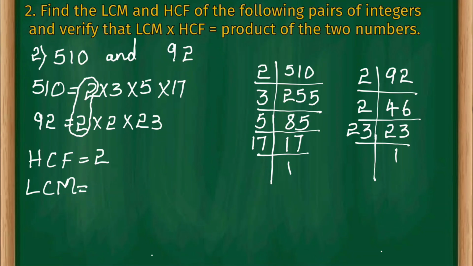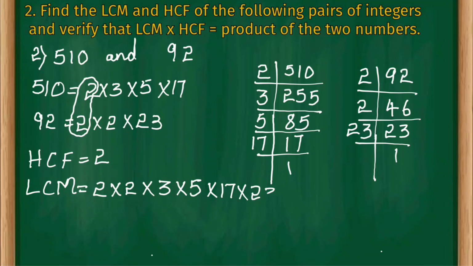But the common factor will be taken for multiplication only once. So we took it once. Next, the remaining numbers will be written for multiplication, that are 2 into 3 into 5 into 17 into 23.